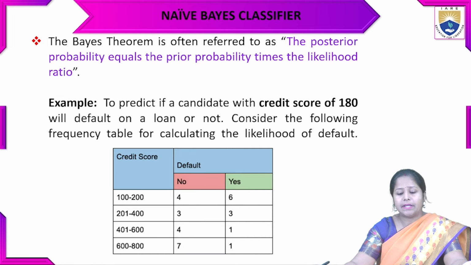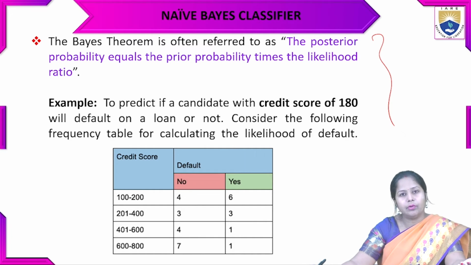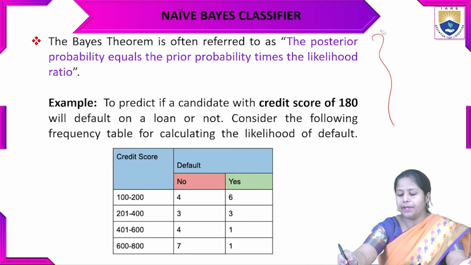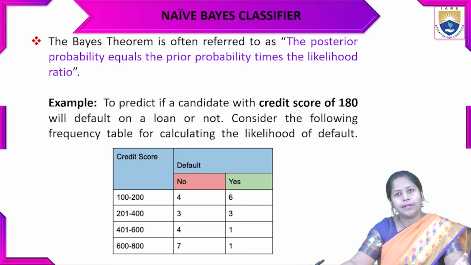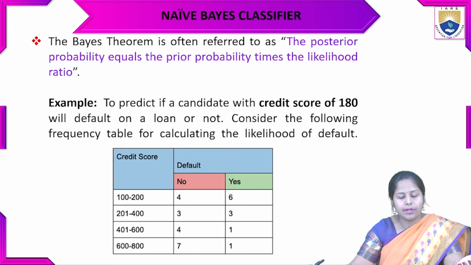The Bayes theorem is often referred to as the posterior probability equals the prior probability times the likelihood ratio.